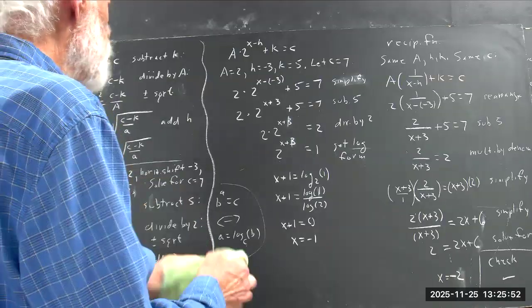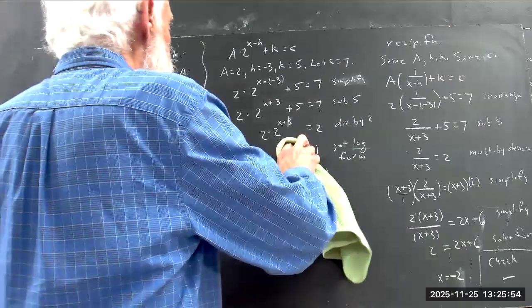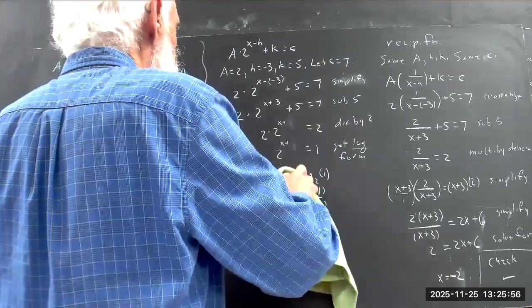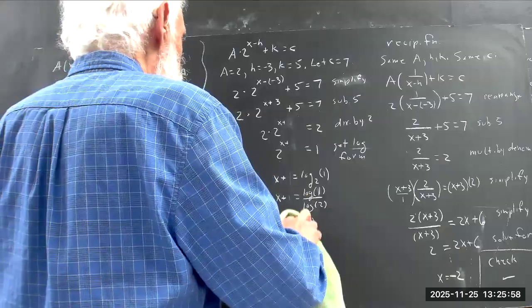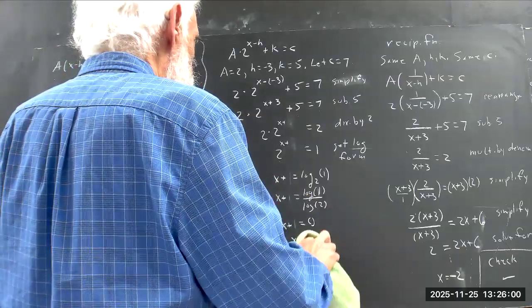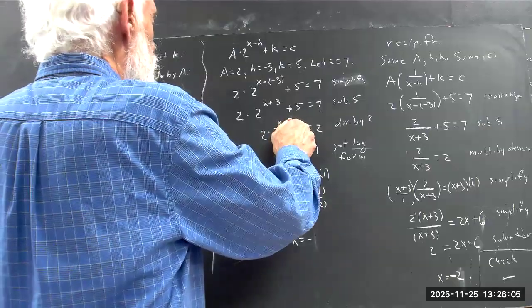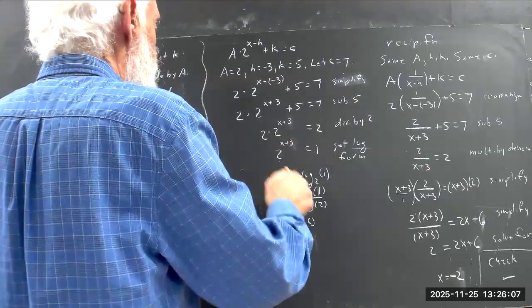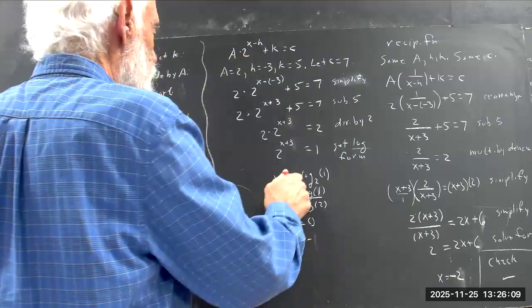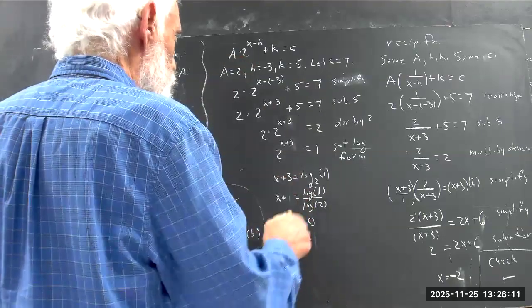But that's not unusual. So let's just make that a little prettier. It's 2 to the x plus 3. I was thinking ahead to the 1. No excuse.